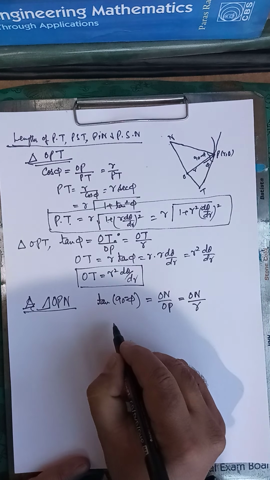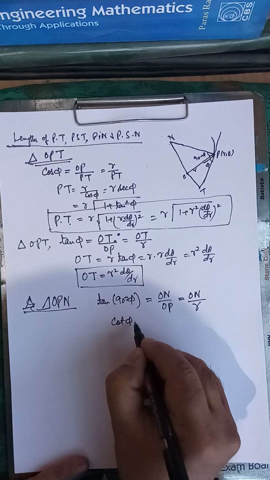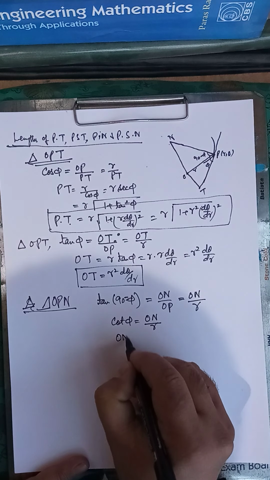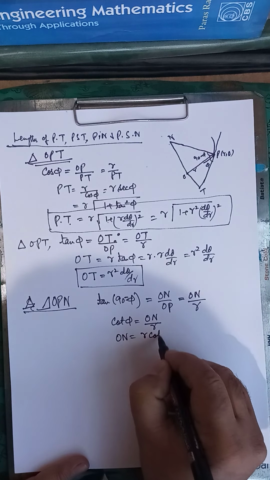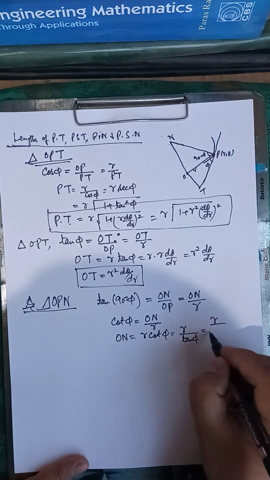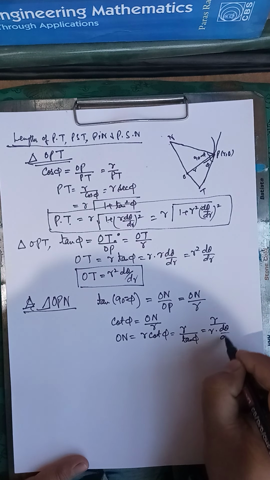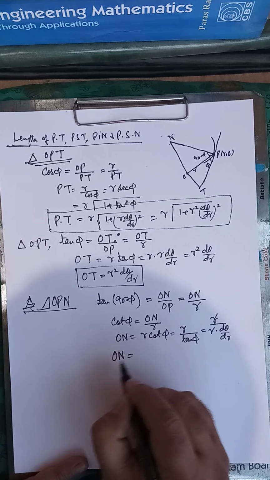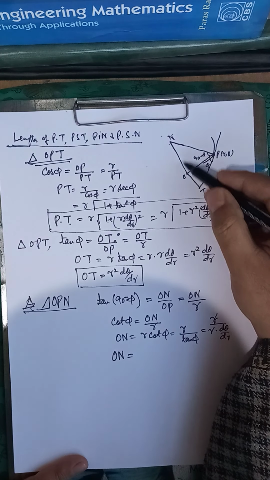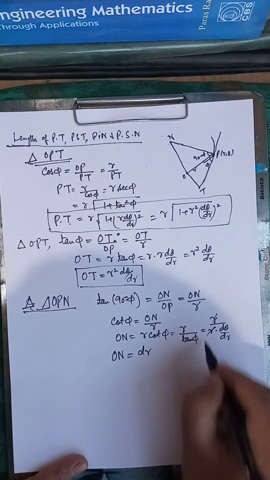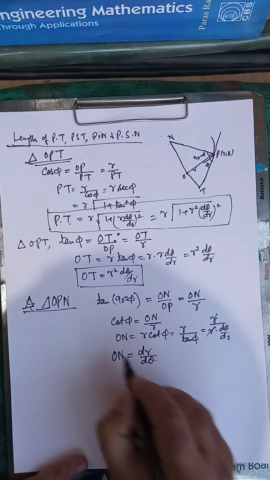But tan of 90 minus phi is what? It is cot phi. So ON is equal to r cot phi, or r by tan phi. But you know what tan phi is? It is r d theta by dr. r cancels out. So ON, the length of the polar subnormal, is actually dr by d theta.